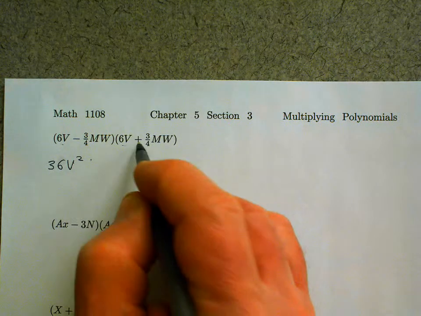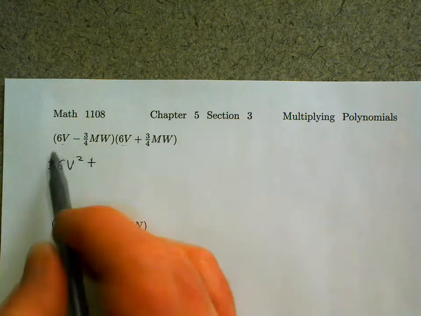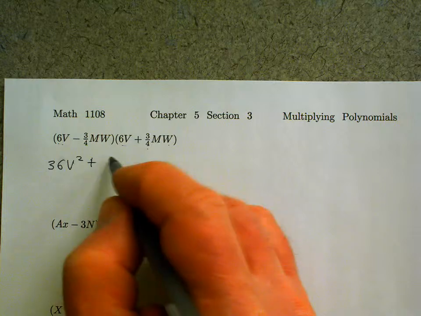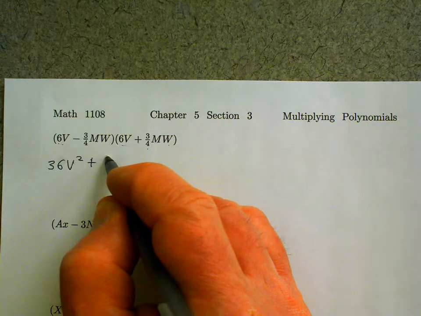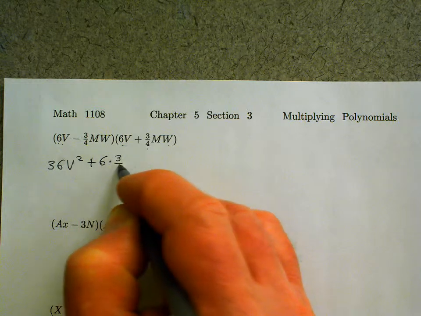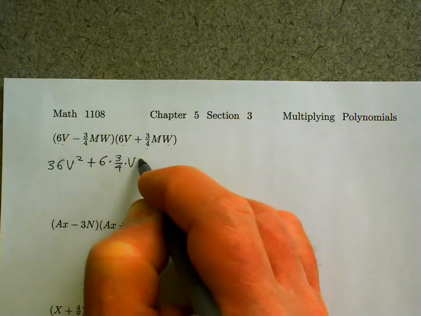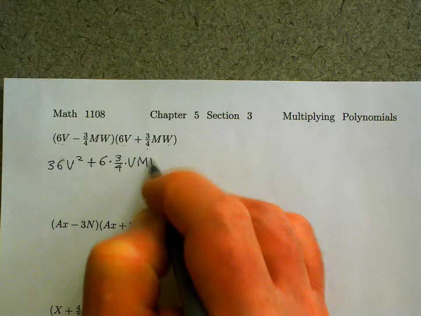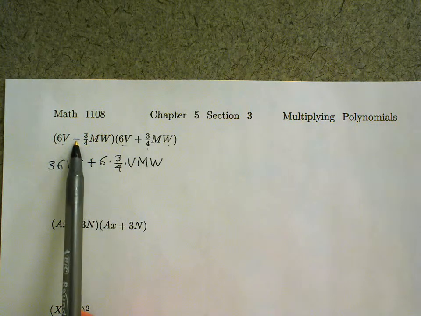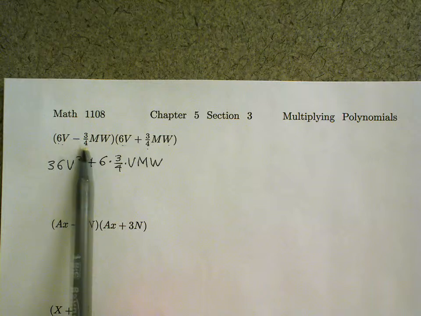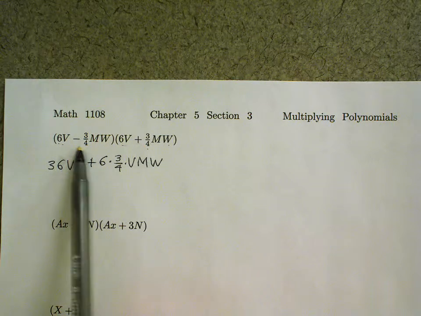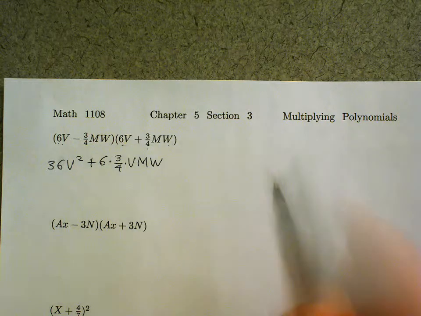And then we're going to add 6b times 3/4 mw. We'll do this in a couple of steps. I'll write it as 6 times 3/4 times b times mw. And then we multiply negative 3/4 mw times the binomial. So negative 3/4 mw times 6b.